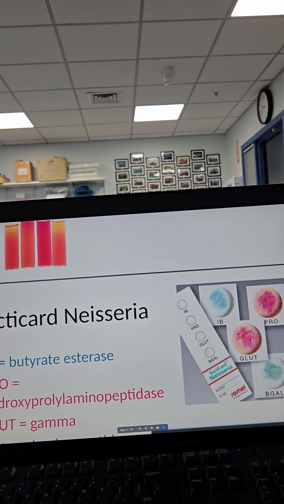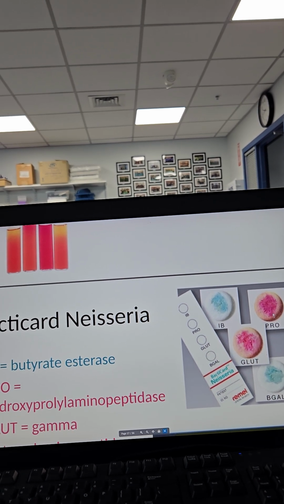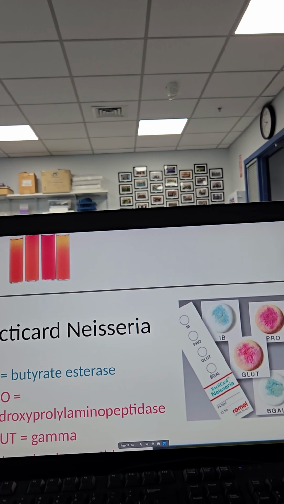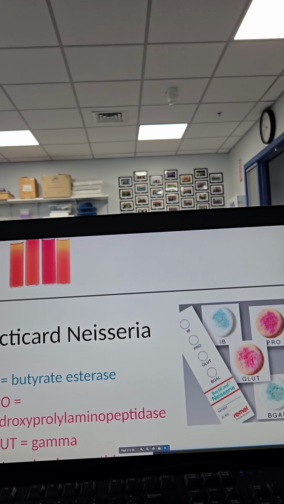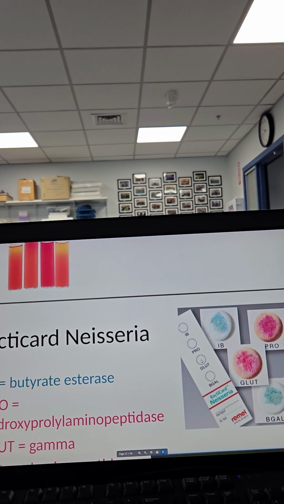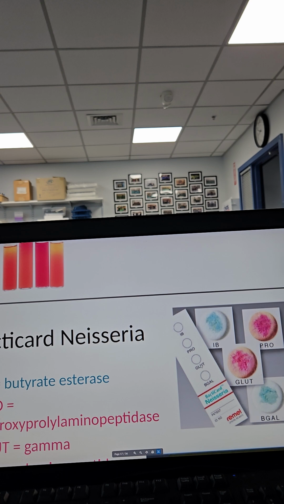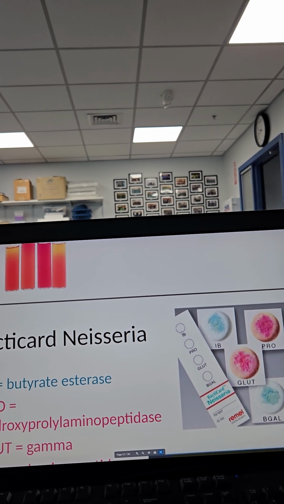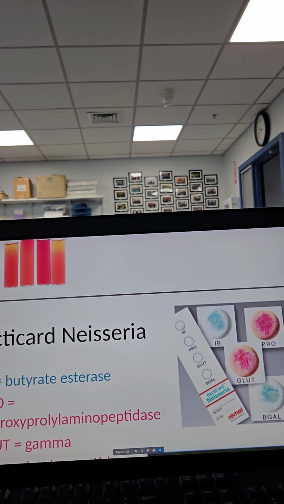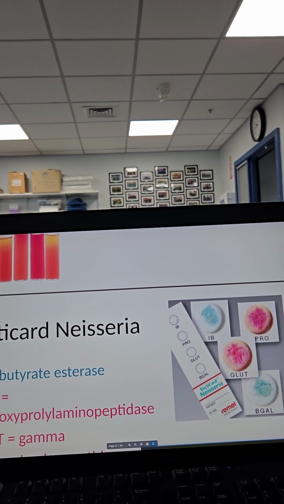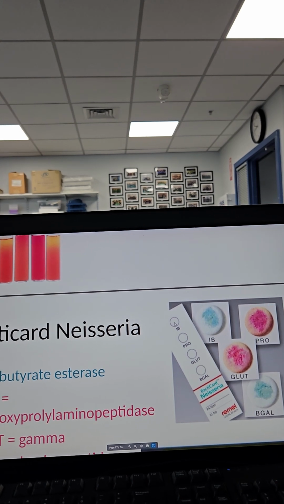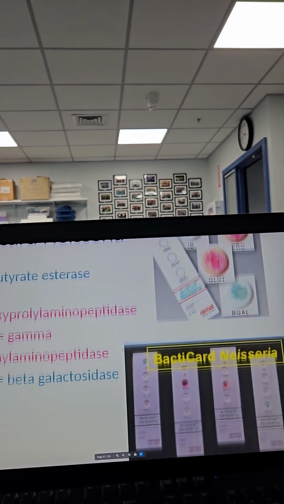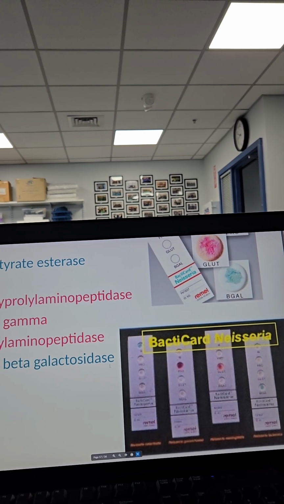Okay, so these are the Bacti cards, and these are the colors that they turn. Beta-galactosidase for lactamica, gamma-glutamylaminopeptidase for meningitidis, hydroxyproline for gonorrhoeae, and then butyrate esterase, because I didn't want to have another B in the front, is for Moraxella catarrhalis.